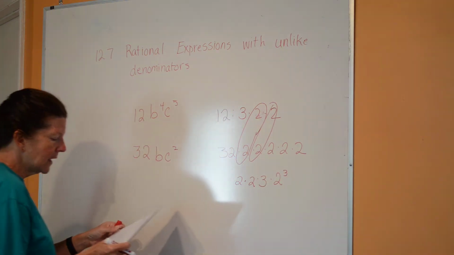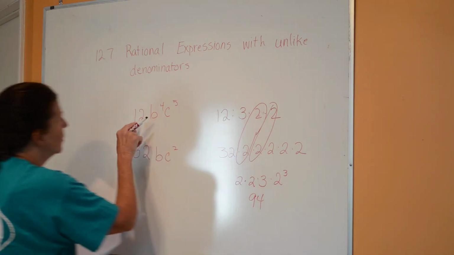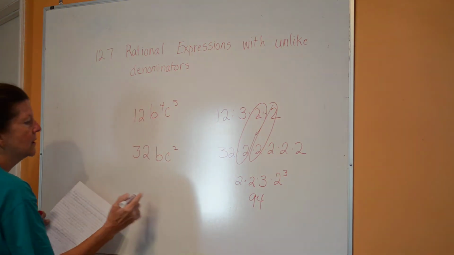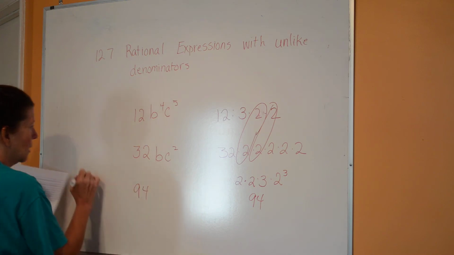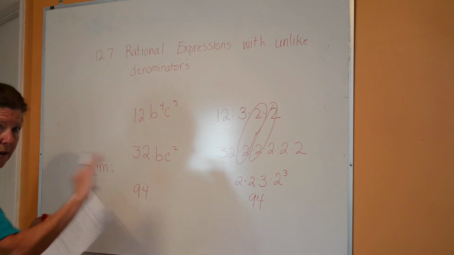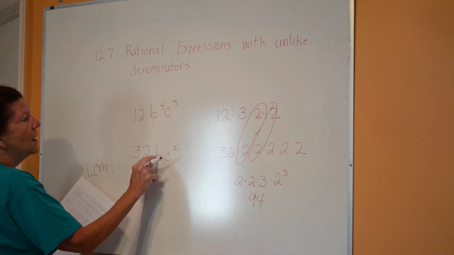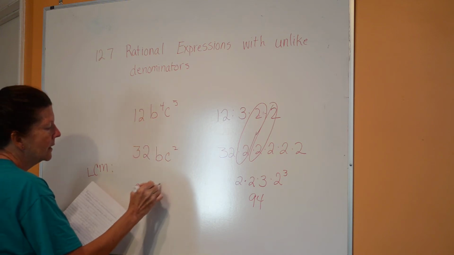When I multiply that all out, I find out that the number that both 12 and 32 can go into is 96. So the least common multiple, or the number that would go on the bottom of the fractions if I was trying to find a common denominator, would not be 94. The highest power of b is b to the fourth.